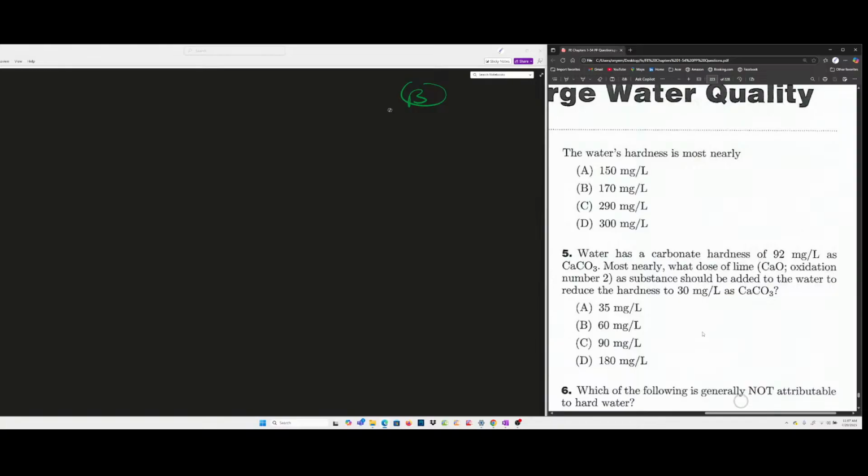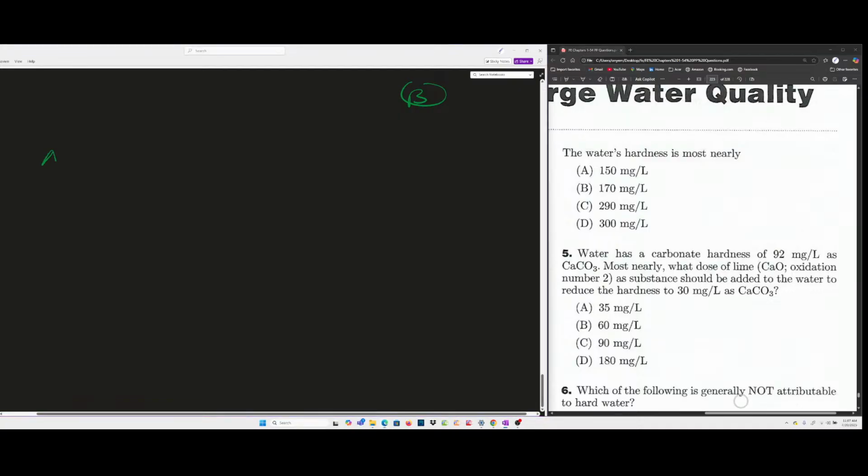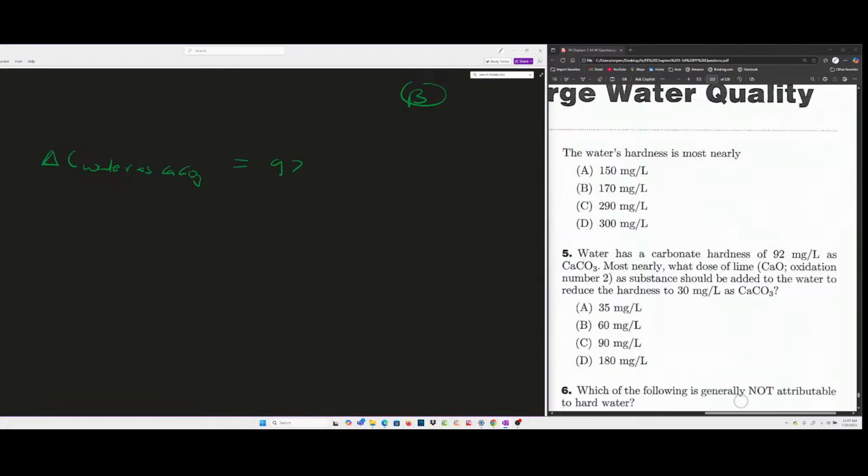To find the concentration of lime, we know the water has a carbonate hardness of 92 milligrams per liter as CaCO3. So the concentration of water as CaCO3 is equal to 92 milligrams per liter as CaCO3.